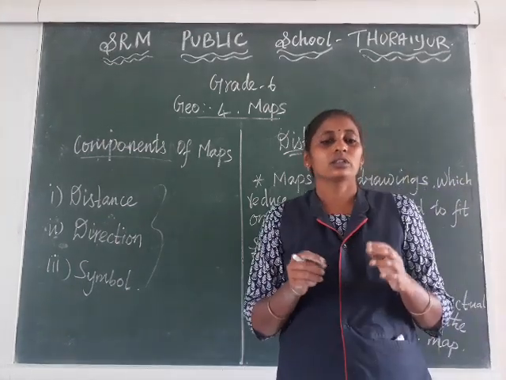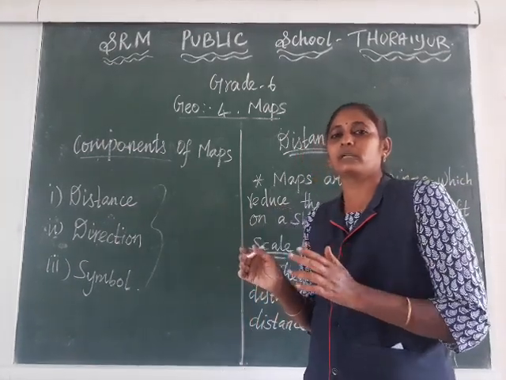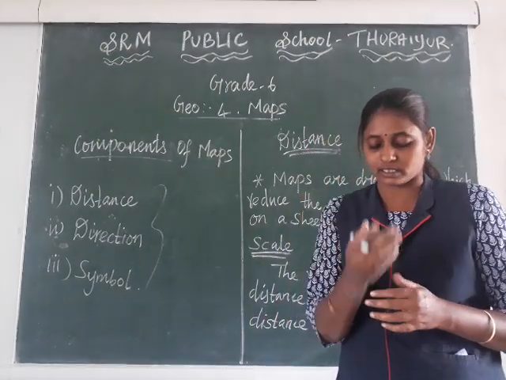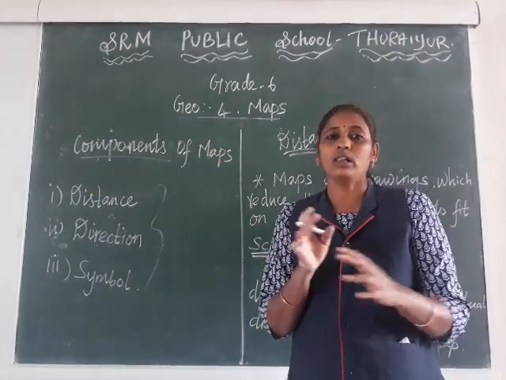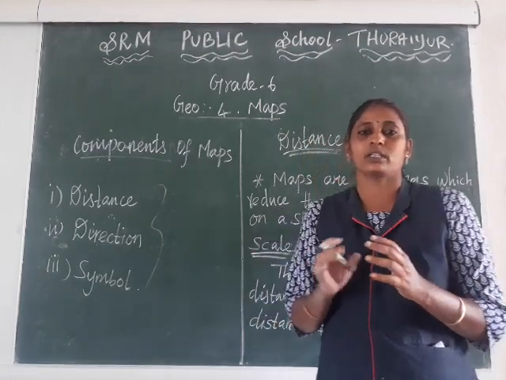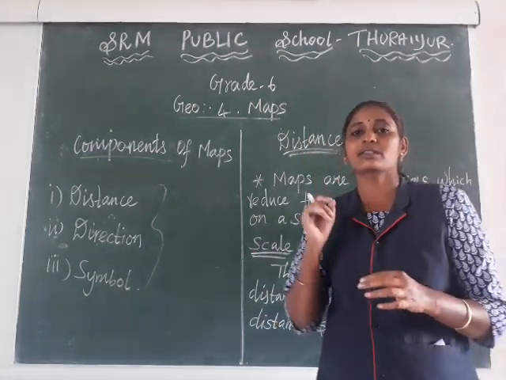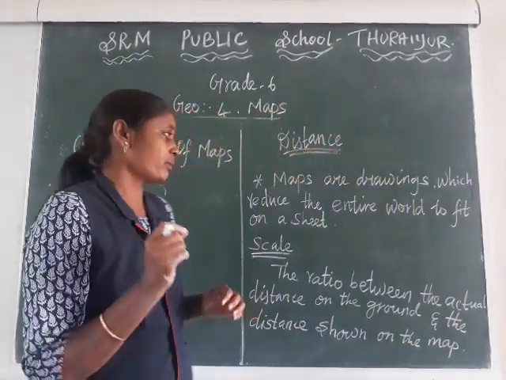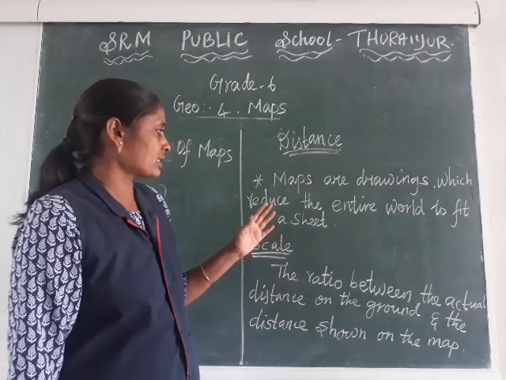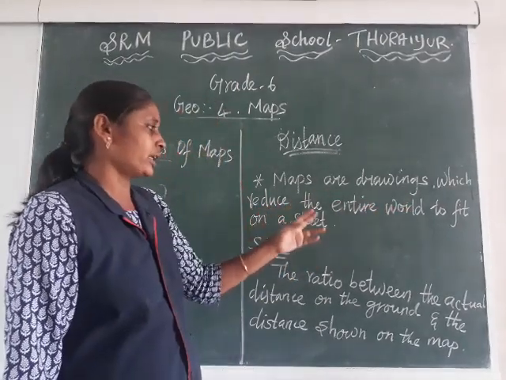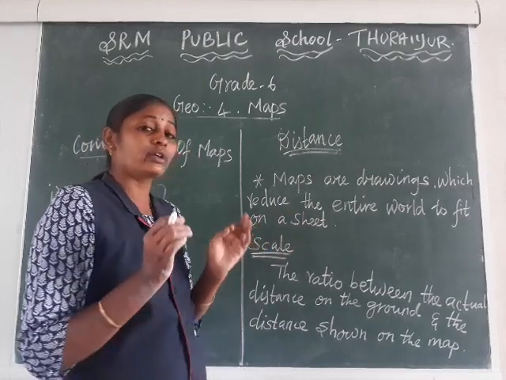Suppose you compare the world map on an A4 size sheet, all the world maps look similar. Why? Because they are using the same distance whenever they draw the map. The maps reduce the entire world to fit on a sheet.